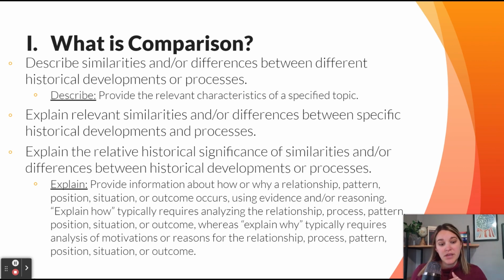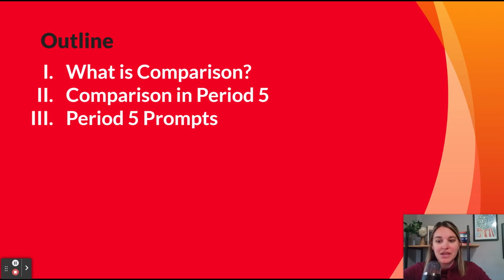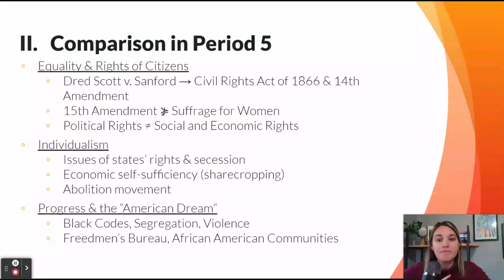So, if you're doing a question like this objective, the relative significance of the effects, what this means is that you would need to discuss the effects of the Civil War and then rank them on their importance and then compare that ranking. So, why is this one more important than another? We'll get into that when we get to the period 5 prompts.